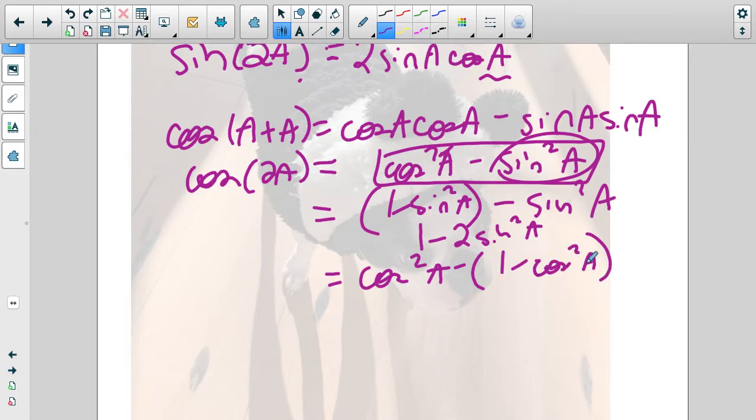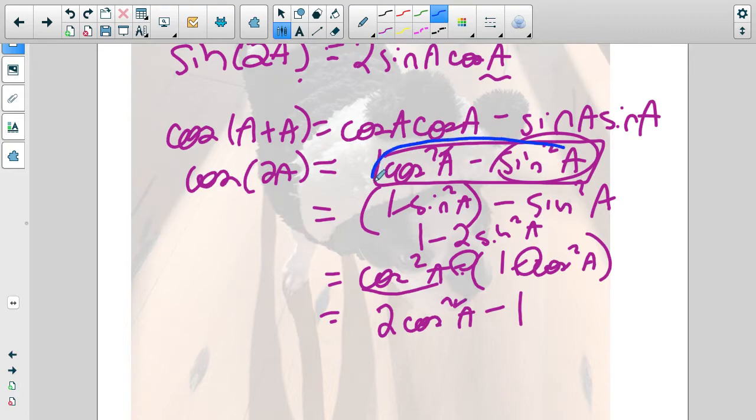You have to be really careful here, those don't cancel. What's cosine squared minus a negative cosine squared? It's 2 cosine squared, isn't it? Aren't you adding? Okay. So you have 2 cosine squared minus 1. So what I would say to you is this is what you really get at first, but we usually use this form or this form.